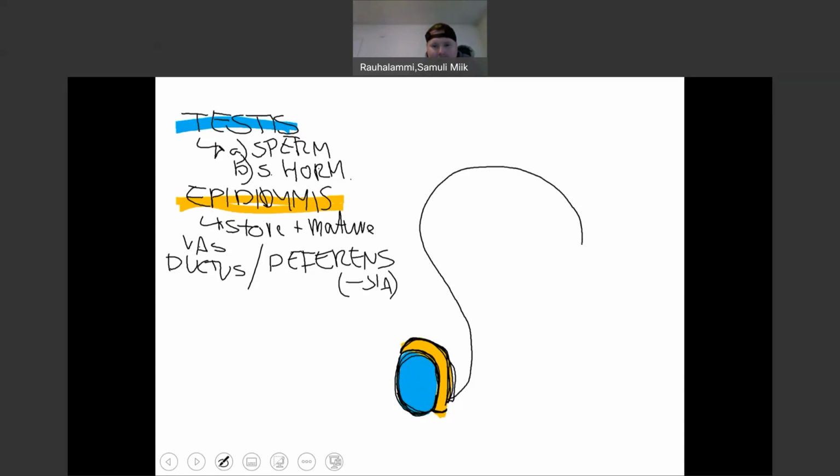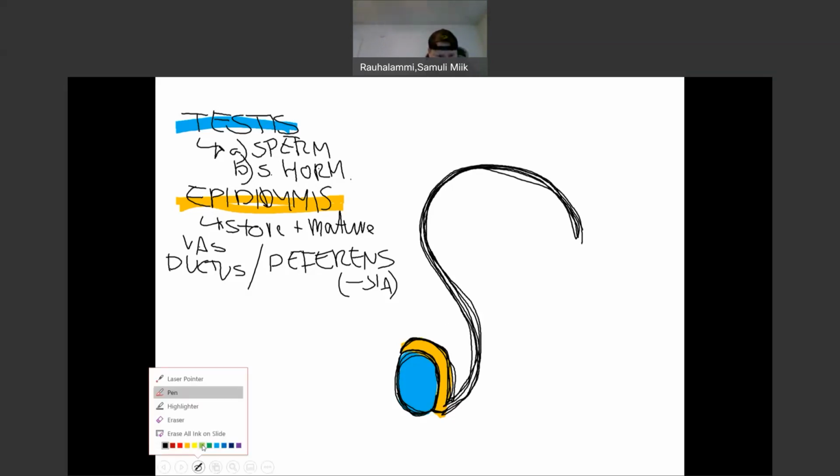So the next structure is called vas deferens or ductus deferens, depending a little bit on which textbook you're using, whether we're talking of more British expressions or more Americanized textbooks. But vas deferens and ductus deferens, you can consider them as being used fairly interchangeably.